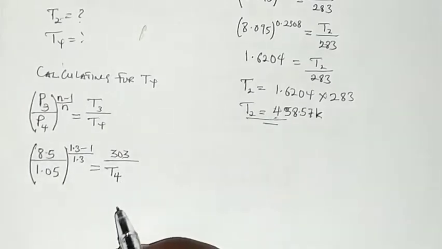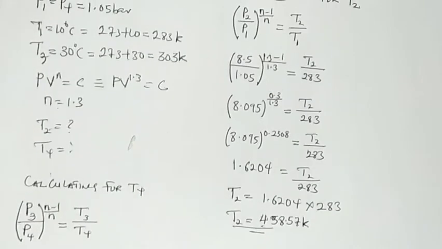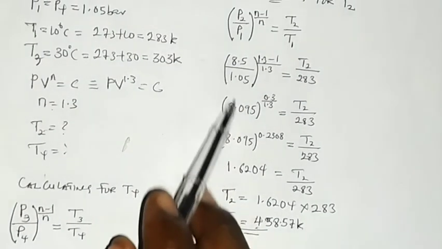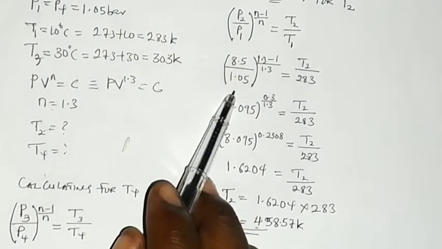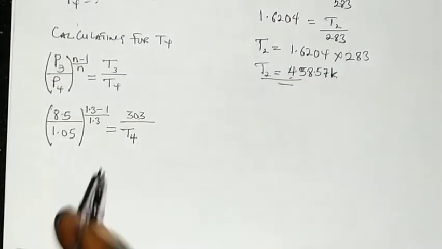From here, we've done it already: 8.5 divided by 1.05 gives me 8.095.